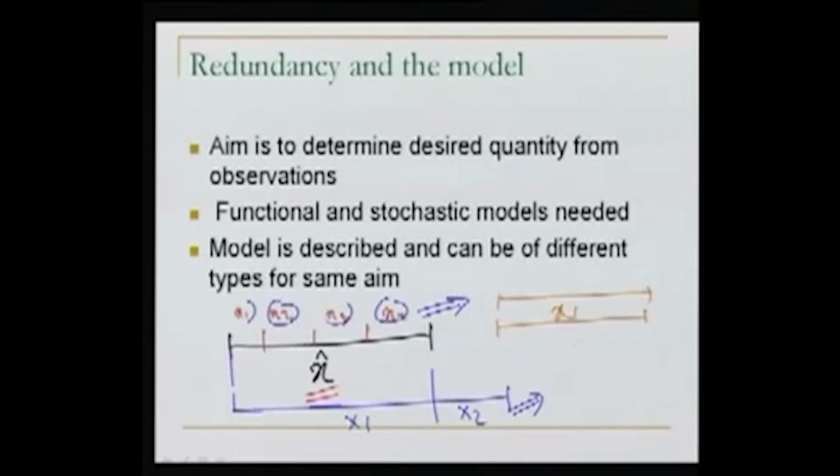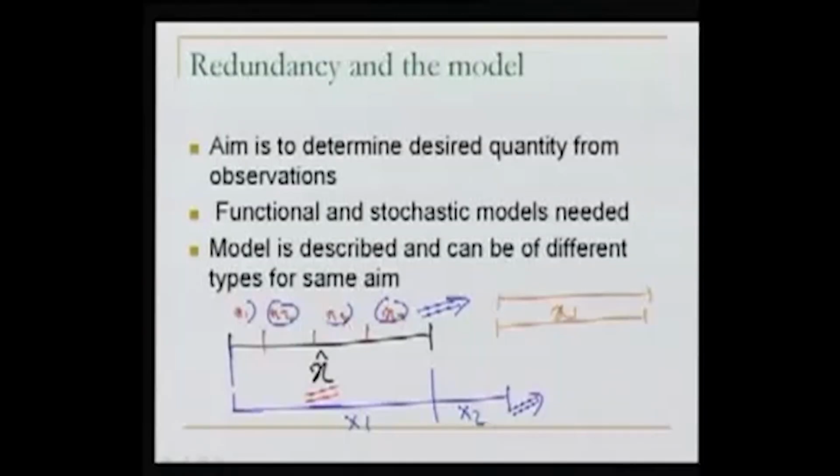For example, x1. Someone says, well, I will not take only a single measurement. I rather carry out multiple measurements, x1, x2, and x3. x1 is also this full measurement, x2 is also a full measurement, and x3 is also a full measurement. So what I am trying to say is, in order to realize the desired thing, we can define the model in different ways.